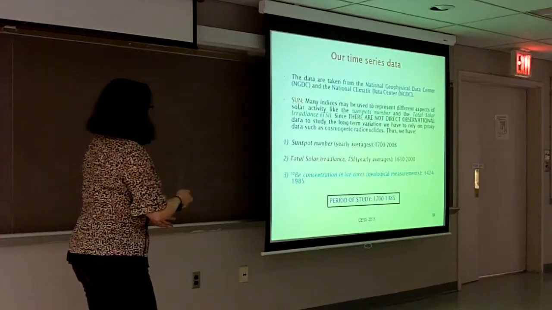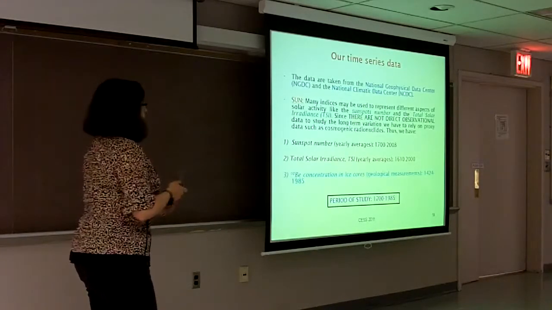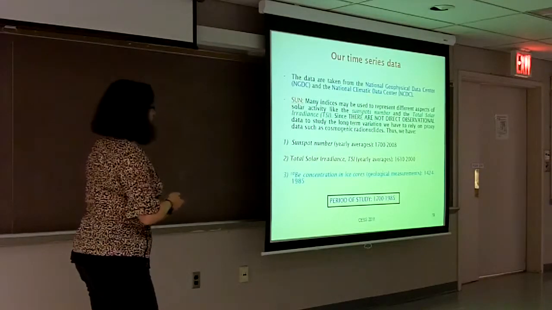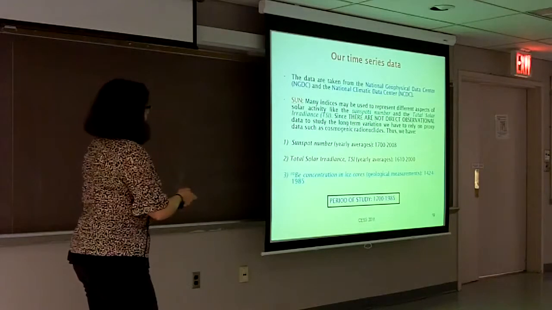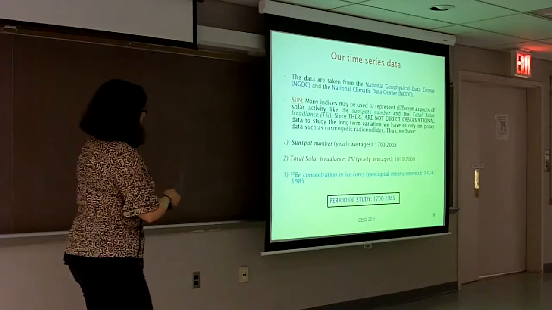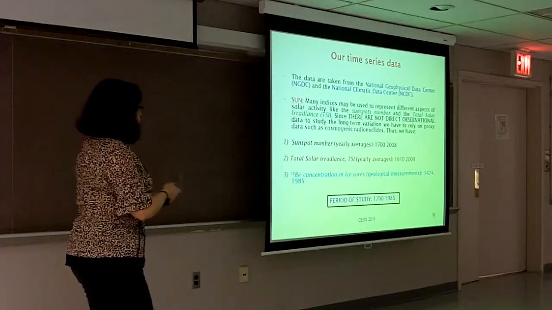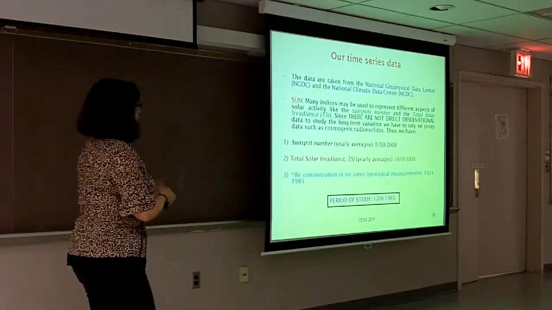So what type of time series data are we using? The data that we are using in this problem are taken from the National Geophysical Data Center and the National Climatic Data Center. As you know, we are using data for the sun and for the terrestrial climate.